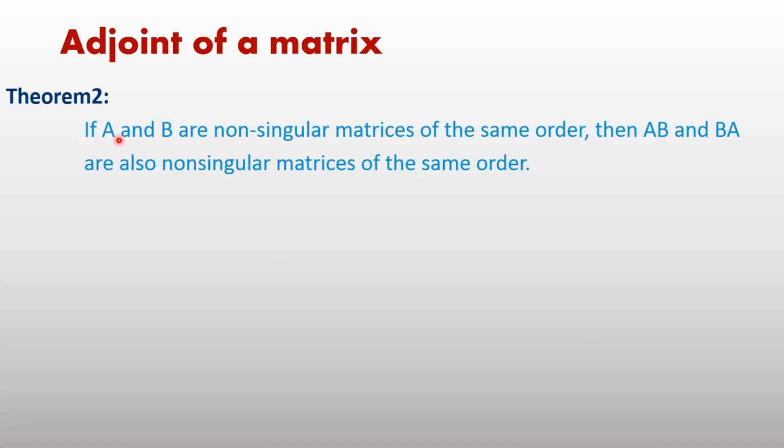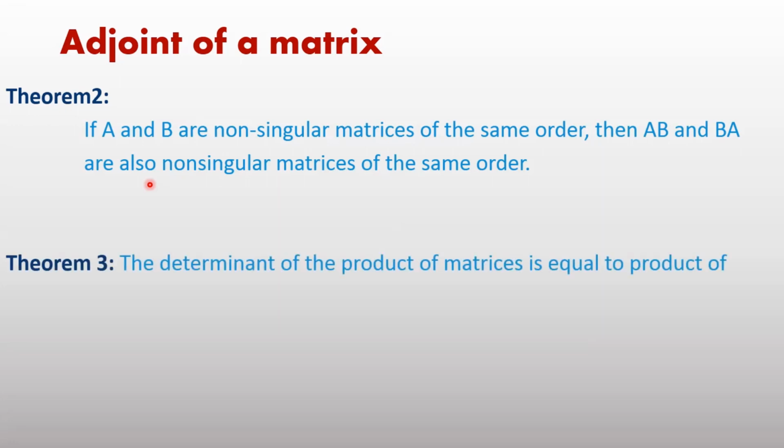Now next theorem: if A and B are two non-singular matrices, non-singular meaning the determinant of the matrix is not equal to 0, of the same order, if the order of A and B is the same, then AB and BA are also non-singular matrices of the same order.